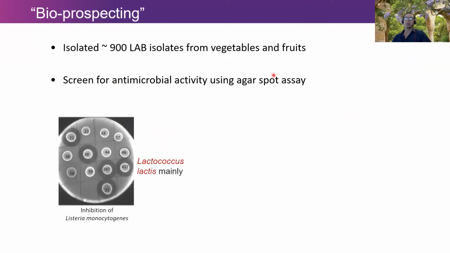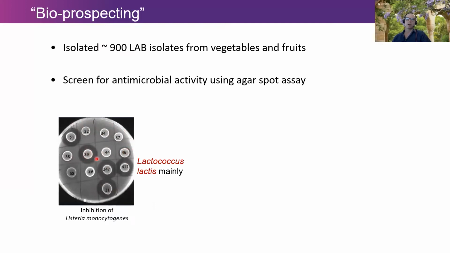And so we got those and we started the screening. So this is an example of a plate where we had Listeria monocytogenes in the agar. That's the cloudy appearance in the background. And then we spot on our lactic acid bacteria isolates from the fruits and vegetables. What we see here is that some of them don't have any activity around the colony. Some have very small activity, a small clearing zone indicating the bacteria is producing something.